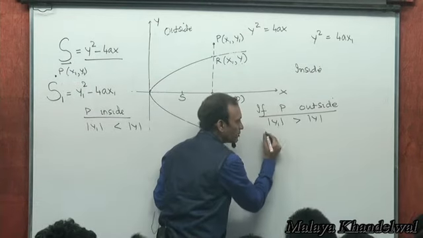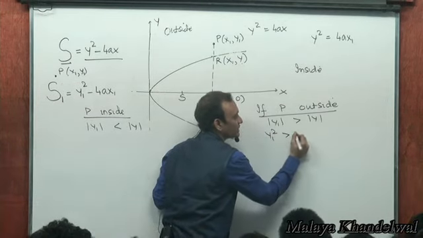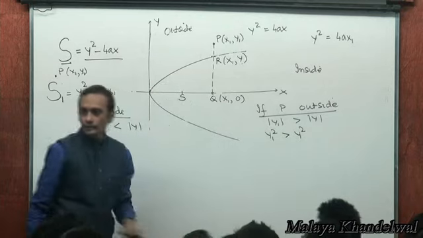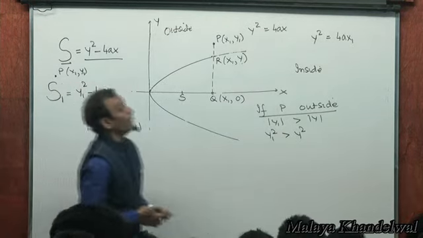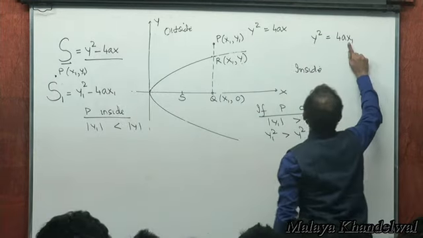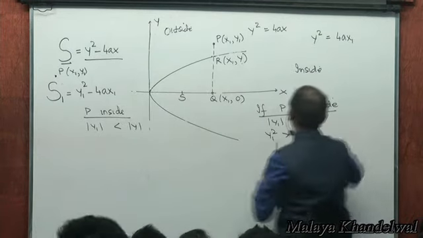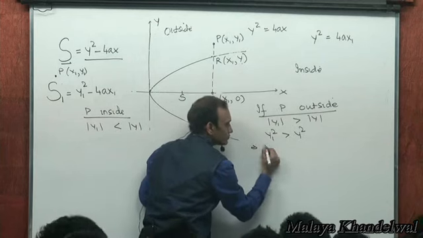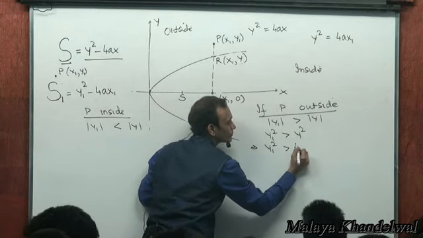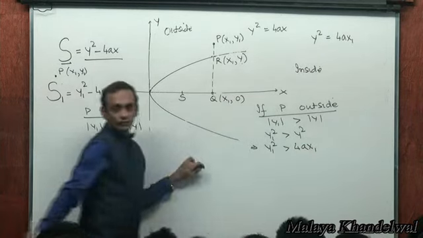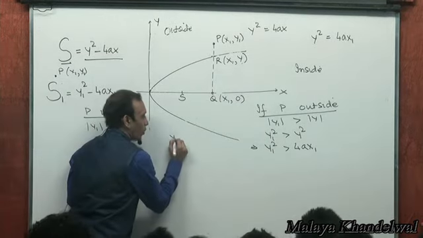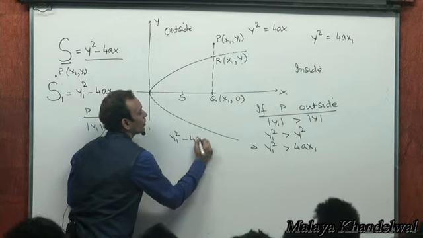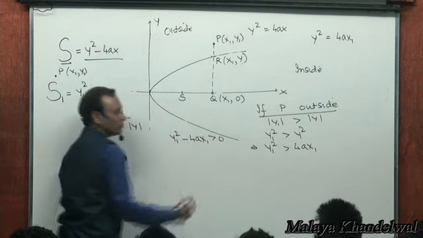That means if I square both sides, I get y1 squared greater than y squared. But what is y squared? y squared is 4ax1. Which means y1 squared minus 4ax1 must be greater than 0.